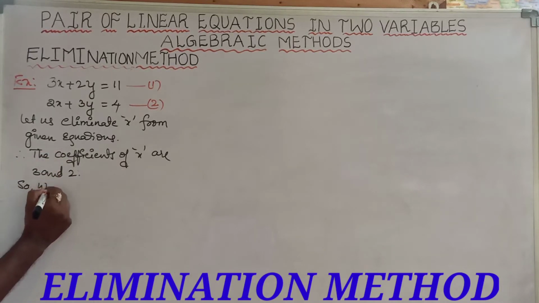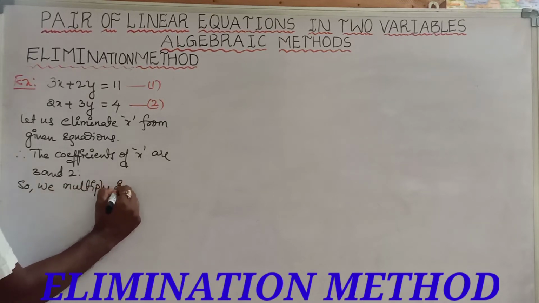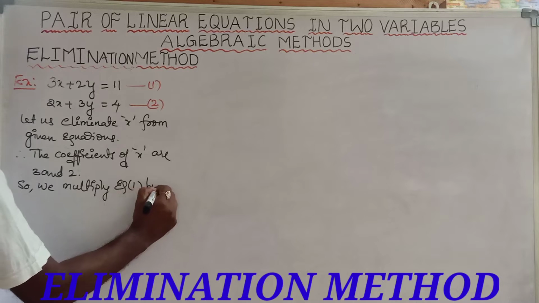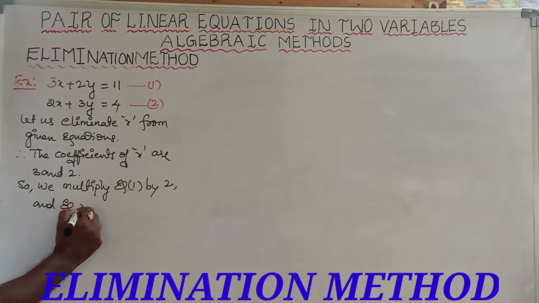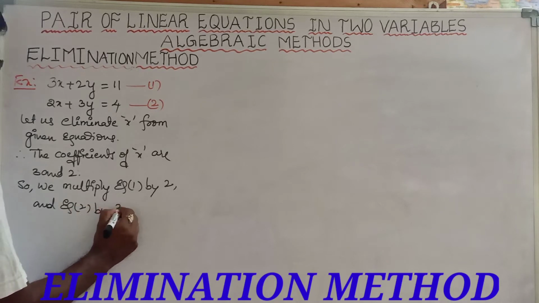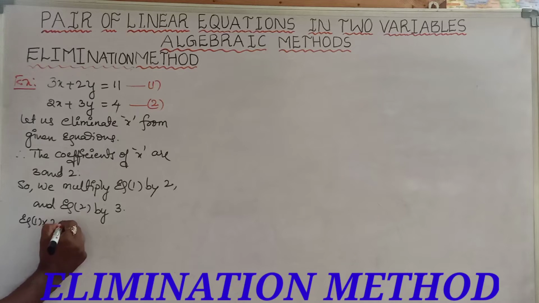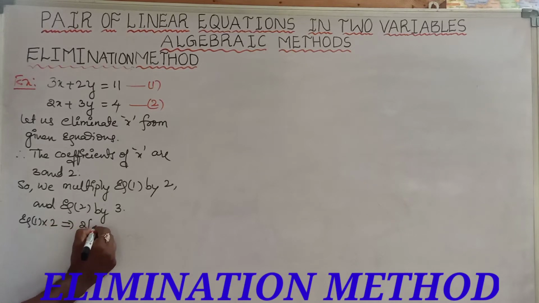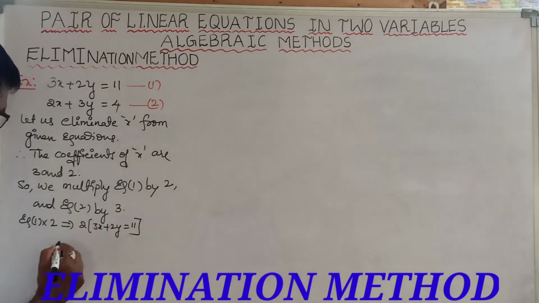So we multiply equation 1 by 2 and equation 2 by 3. So equation 1 into 2 implies 2 into (3x plus 2y) is equal to 11 times 2.